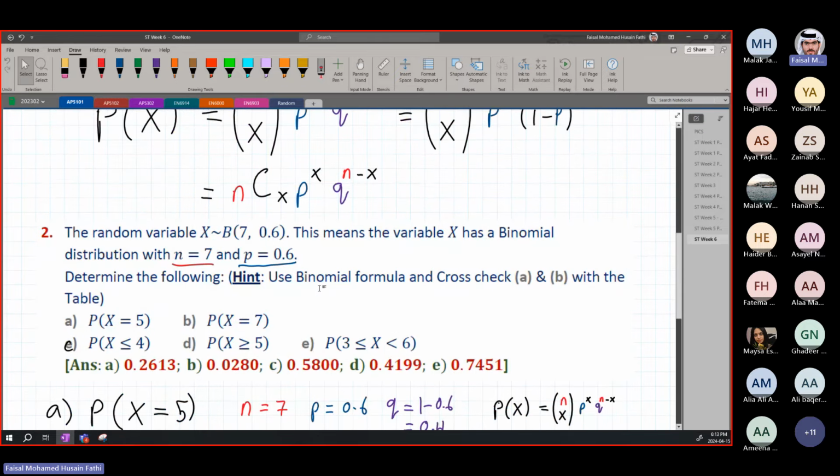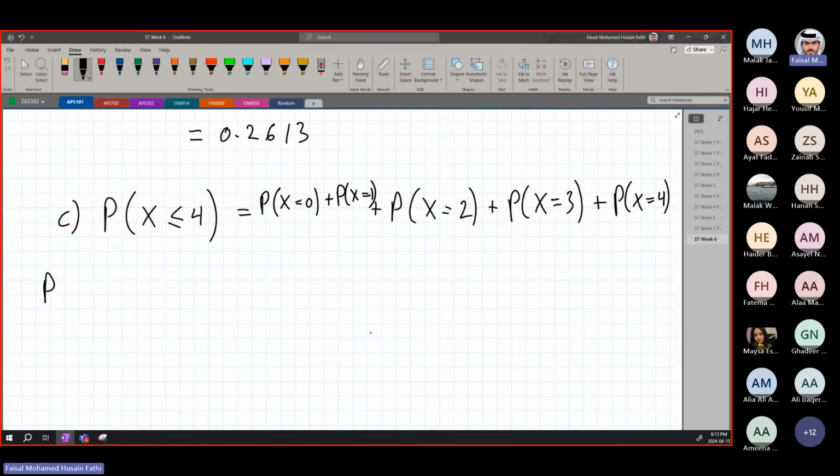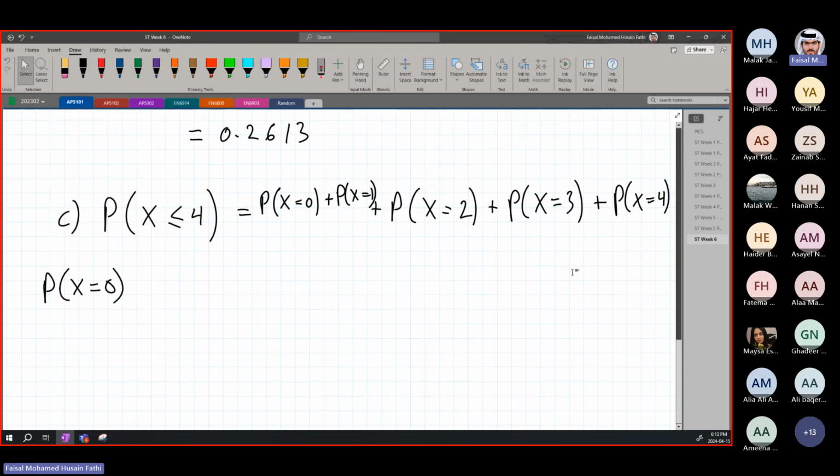So you can start from 0, not flipping it at all, the way up to the number of times you flipped it, which is 7. Okay, so in this case, it's x less than or equal to 4. So you're going to start from 0 all the way to 4. And this is what I want to show you. So we're going to start with P of x equal to 0. So we're going to have to apply this equation, the same equation that we're using here.